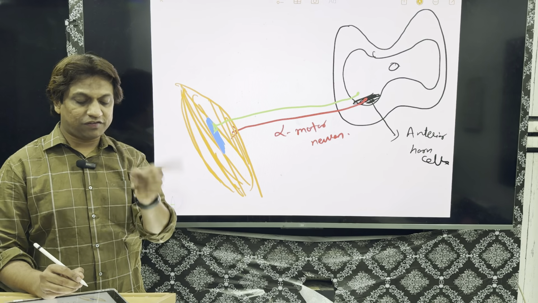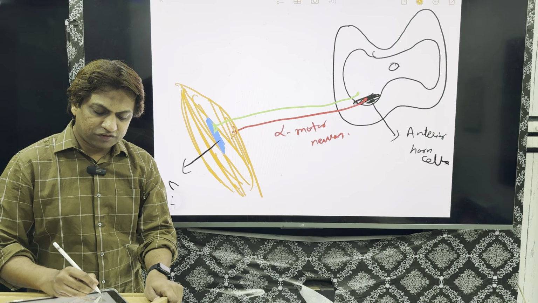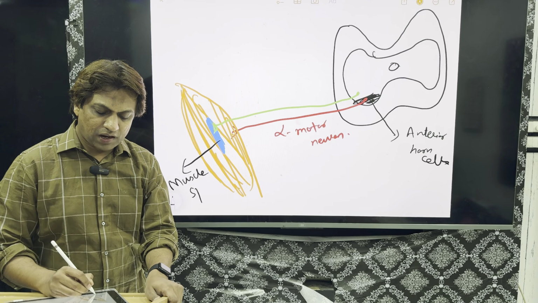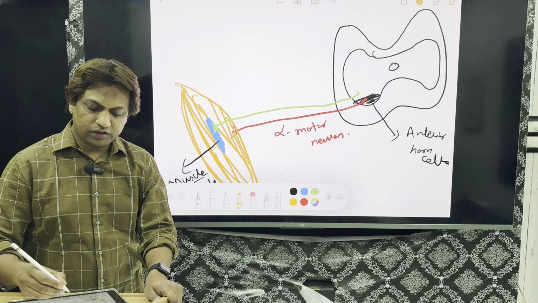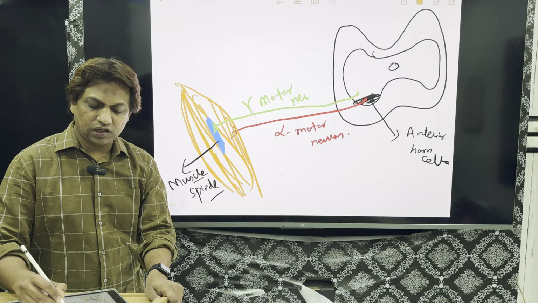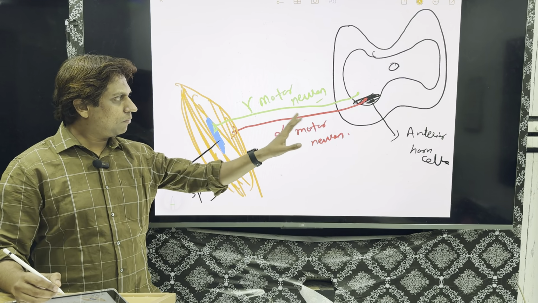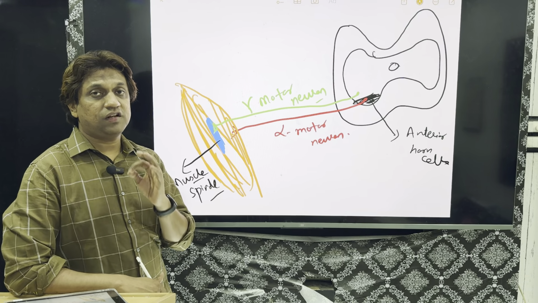The intrafusal fibers of the muscle spindle, this blue color structure is the muscle spindle, are supplied by a different neuron, known as the gamma motor neuron. Remember this, gamma motor neuron.